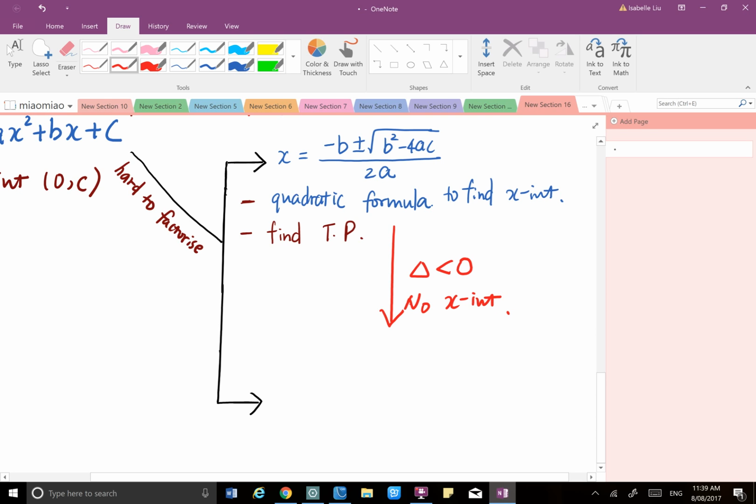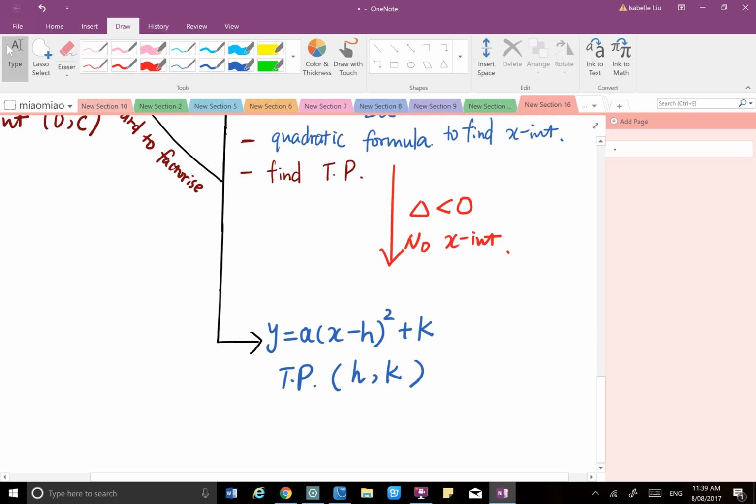I need to come to the bottom one as well. If you follow that path, then you need to go for that form, which is y equals a(x minus h) squared plus k, the turning point form, which gives us the turning point at (h, k).